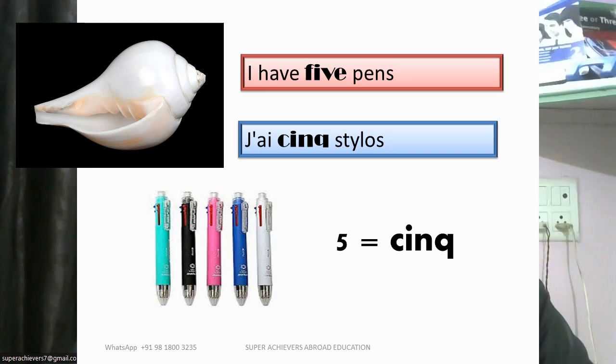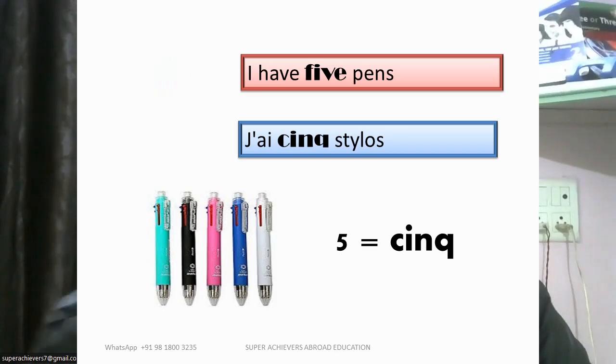J'ai cinq stylos. Stylo means pen, a ball pen, nib pen, gel pen, all are stylo. Whenever you write the singular and plural, the spelling will be different, but the pronunciation in French will always be the same.